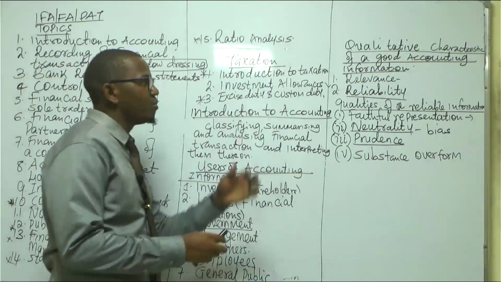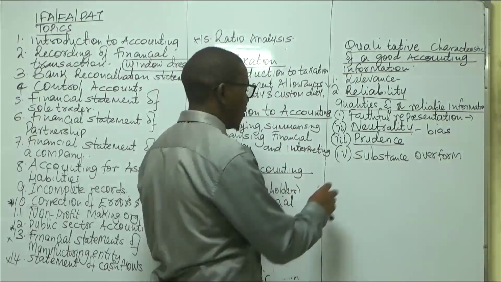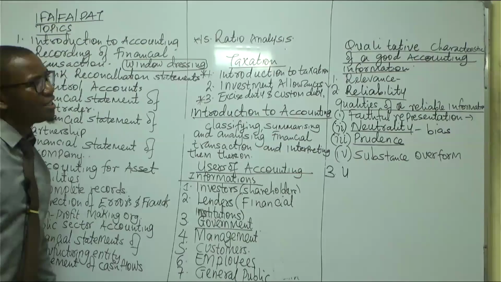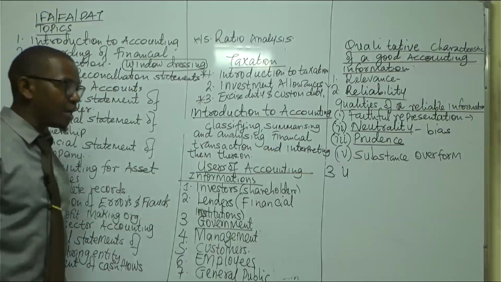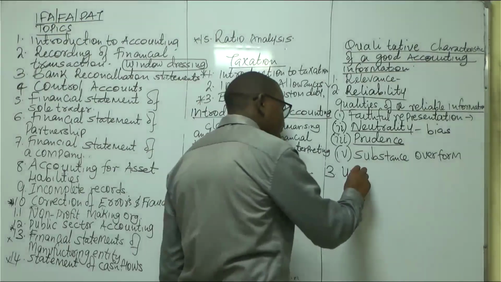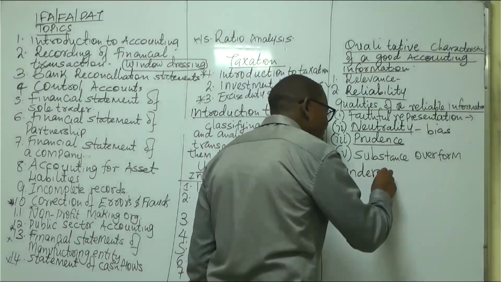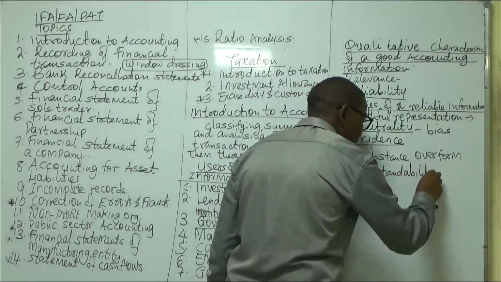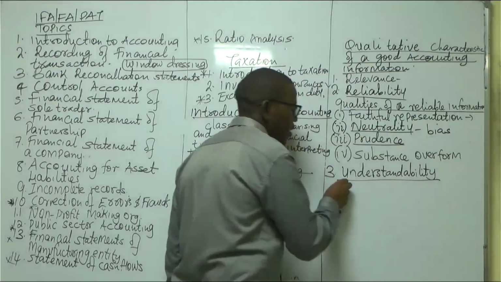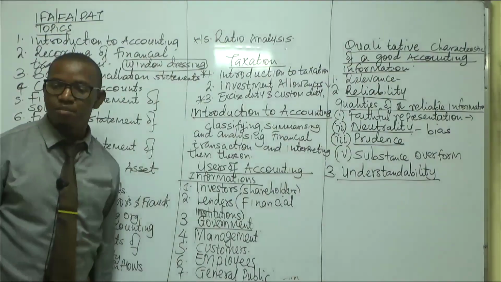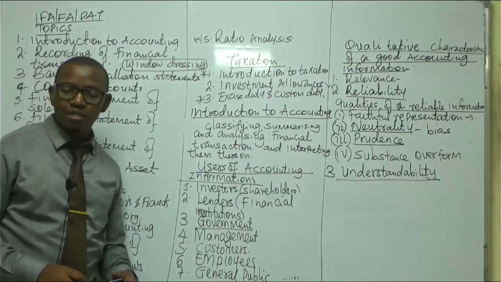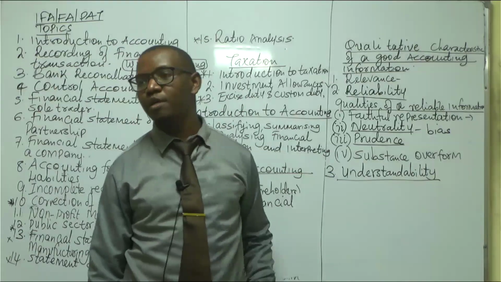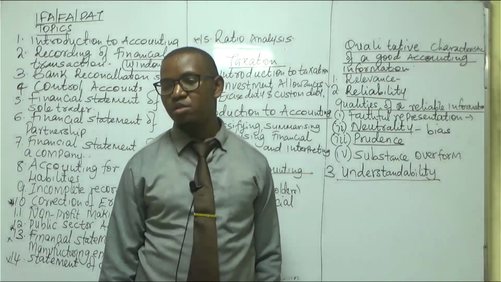Now let us go back and continue. Number 3. Another qualitative characteristic of good accounting information is understandability. So you write and say accounting information must be well understood by the users.